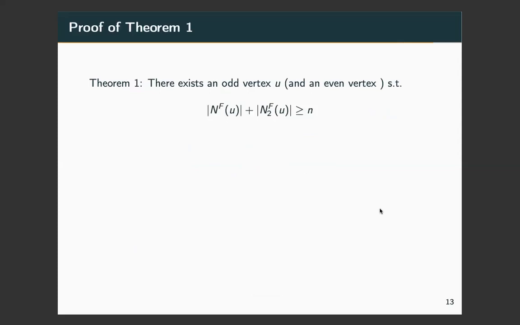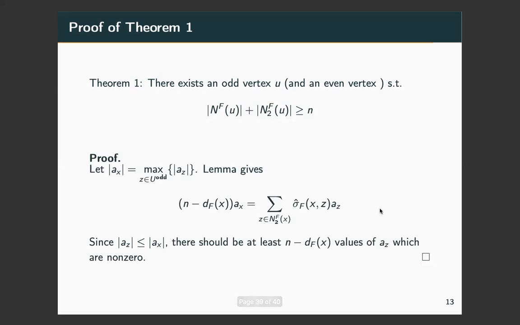Once we have this lemma, our theorem, which states that there is an odd vertex and an even vertex such that the number of neighbors of this vertex plus the number of distance-2 neighbors with a unique path to it is at least n, follows naturally. We take the coefficient with the maximum value in magnitude and consider the lemma for that corresponding vertex.